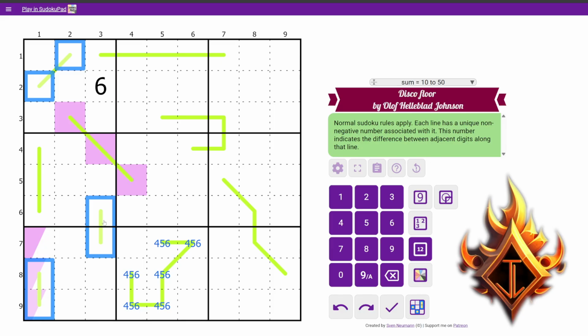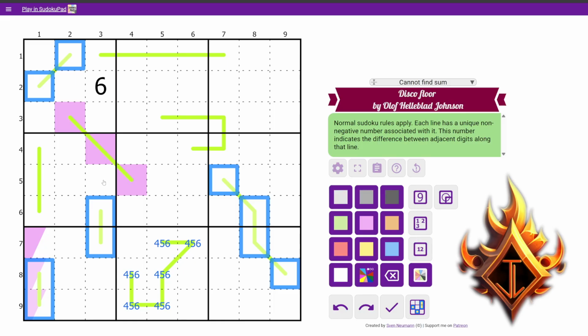So 8, 7, 6, 5 are these 4. This one is 1.